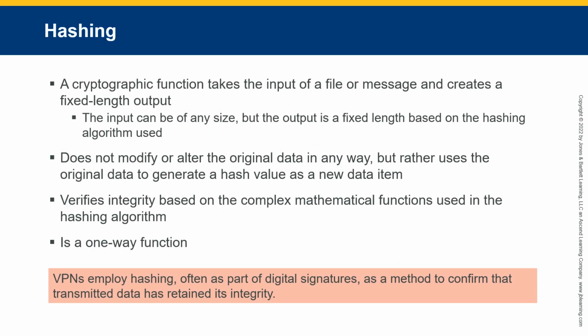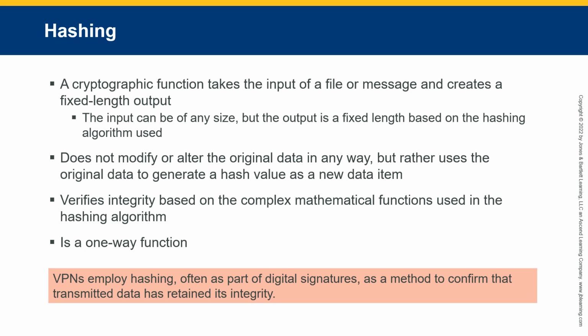Hashing is a cryptographic function that takes the input of a file or message and creates a fixed-length output. Basically, that 101.001.101 or whatever it was. The input can be of any size, but the output is always going to end up being a fixed length based on the hashing algorithm used. This could be something like SHA.